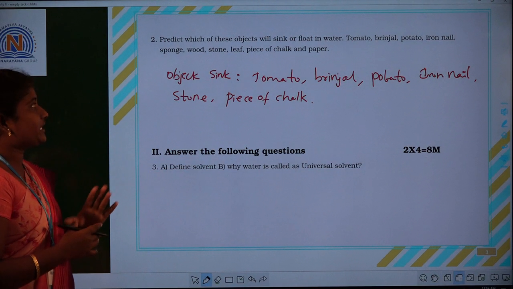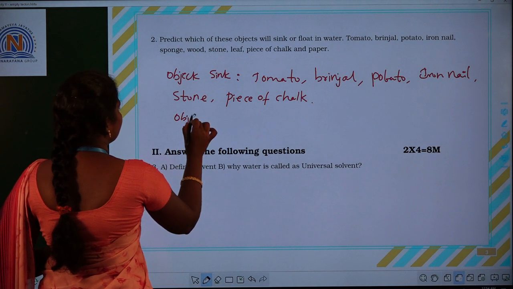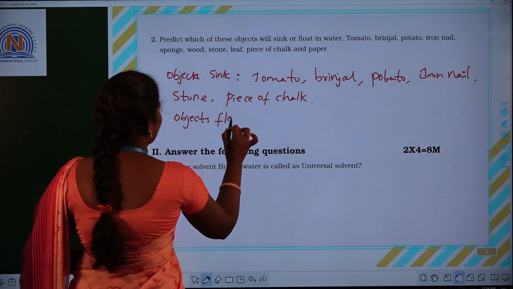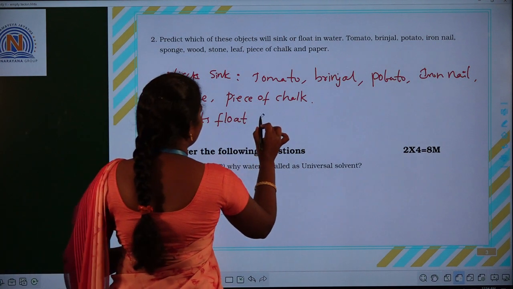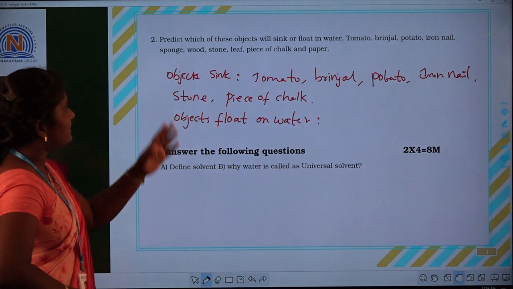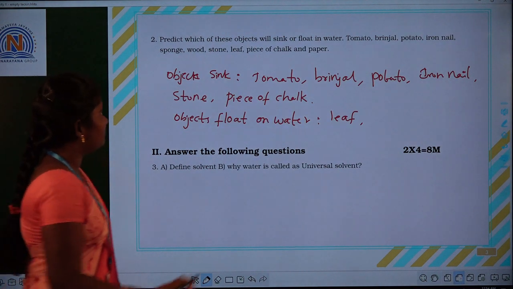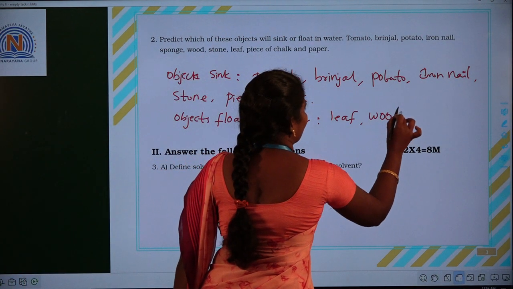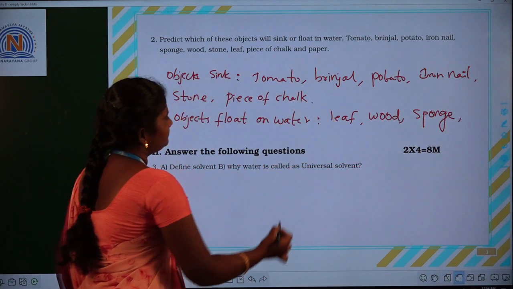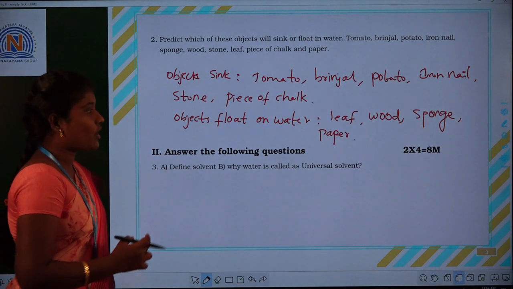Let us see what objects float on water. In the example, leaf, wood, sponge, paper.